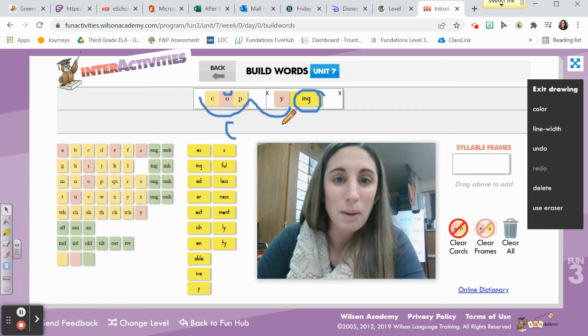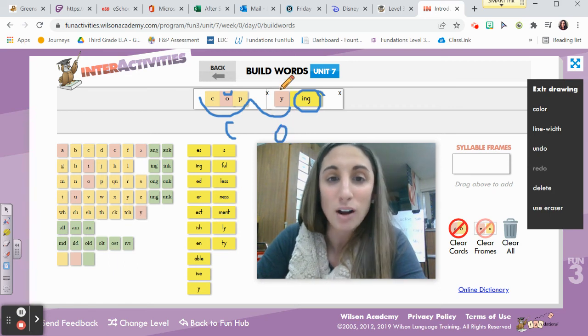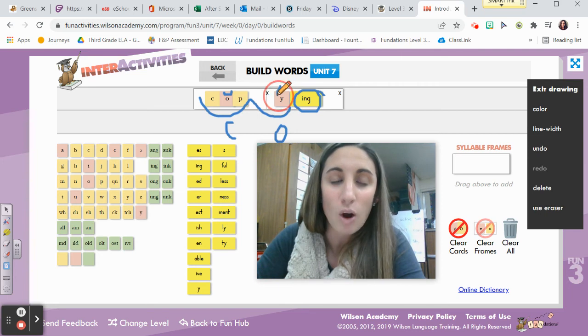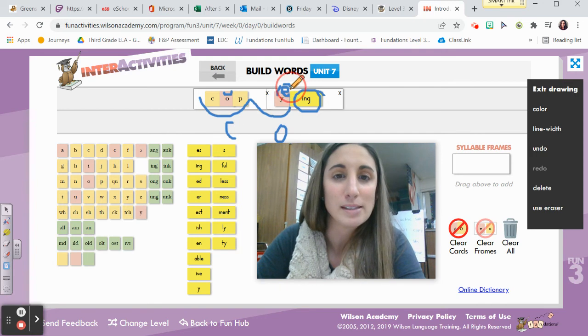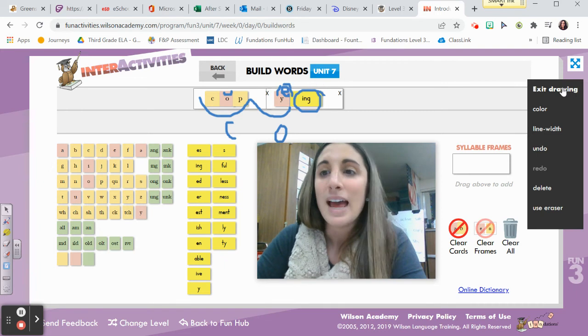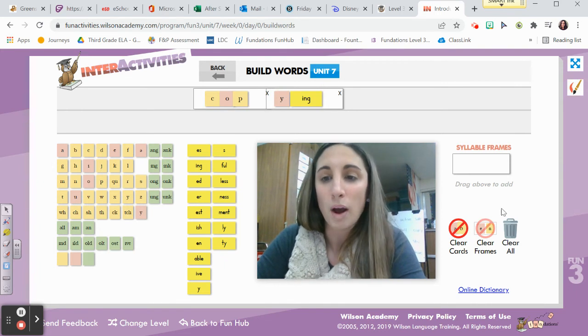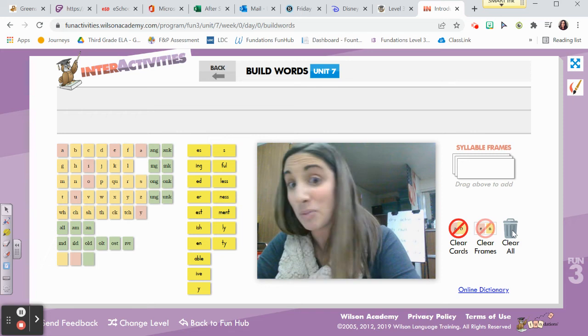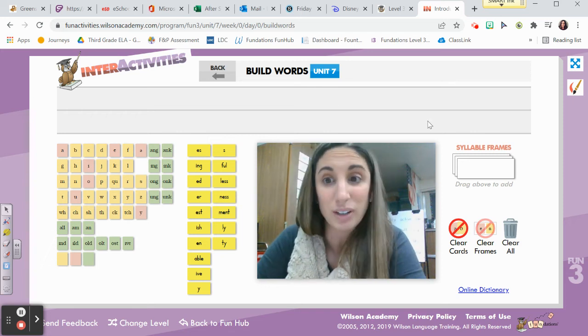Y, all by itself, not closed in. So it's open. That's why it's a long vowel. But what does it sound like? Long vowel what? Copy sounds like long E. Very good. So put the marker on to show it says its name. Copying. All right. And then let's do one more to practice. This one's going to be on your test tomorrow, and it's tricky.